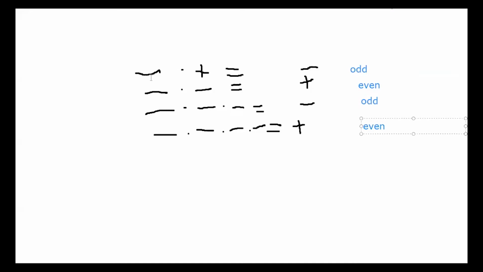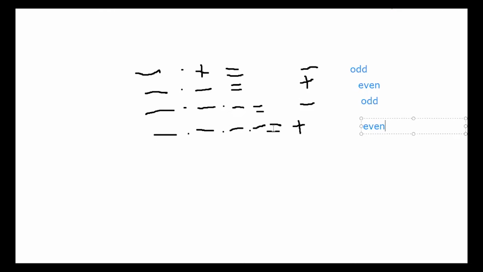If you notice, there's a pattern. If you have one negative, it's odd, and it's going to be negative. If you have 2 negative numbers, it's even, and it's going to be positive. If you have 3, it's odd and negative.